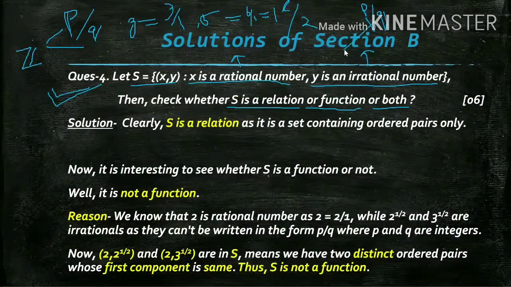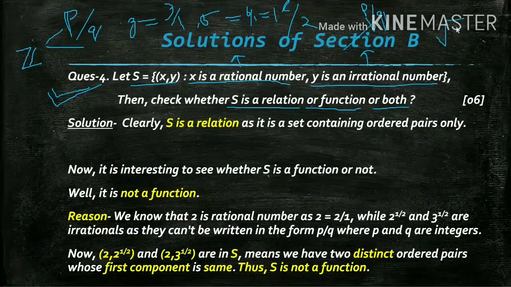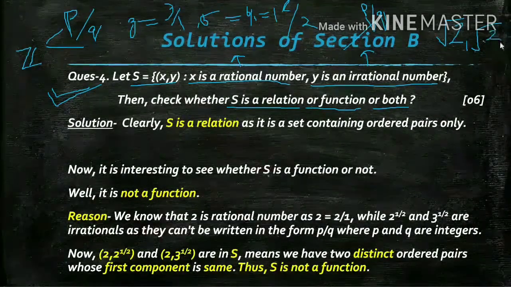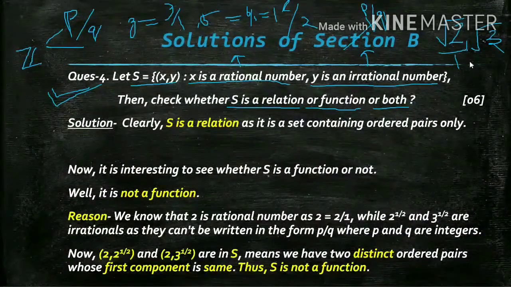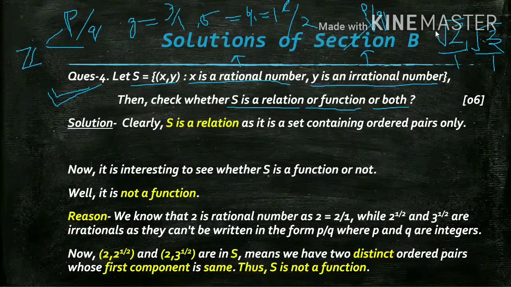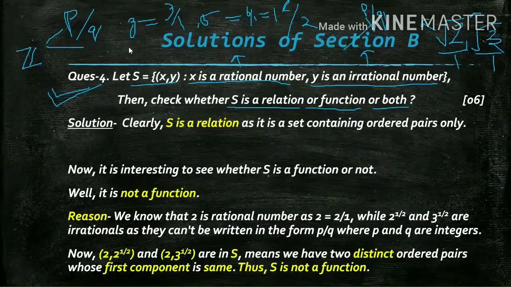Like square root of 2 or square root of 3. Because if you write root 2 by 1 or root 3 by 1, then root 2 would not be an integer, root 3 would not be an integer. So this is basically rationals and irrationals.